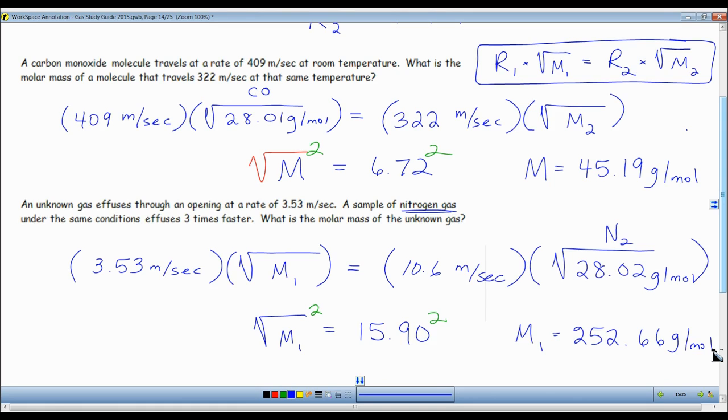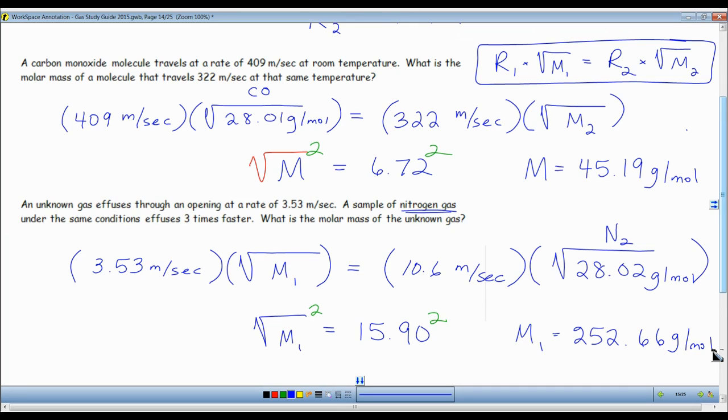Now, there's another question that I'm thinking of that's very similar to this, but it doesn't even give you the 3.53. It just says, hey, I've got this unknown gas that moves through a small opening. A sample of nitrogen moves 3 times faster. What's the molar mass of the unknown gas? It gives you no specific rate. It just says that one particle moves 3 times faster than the other. You know what?